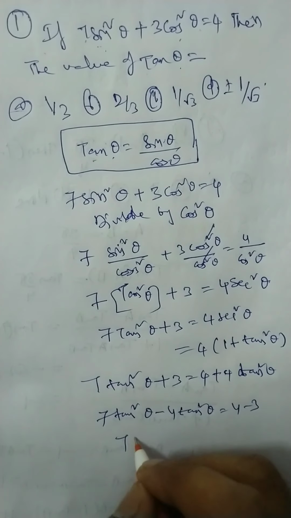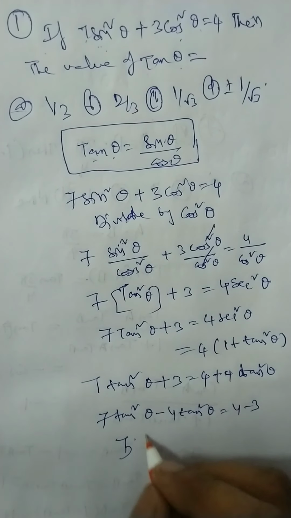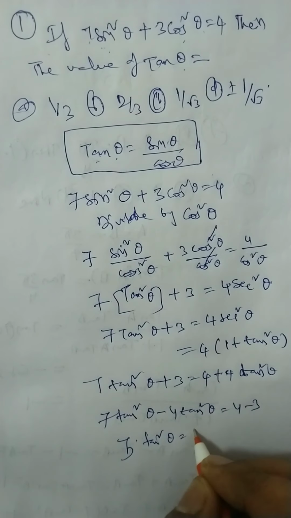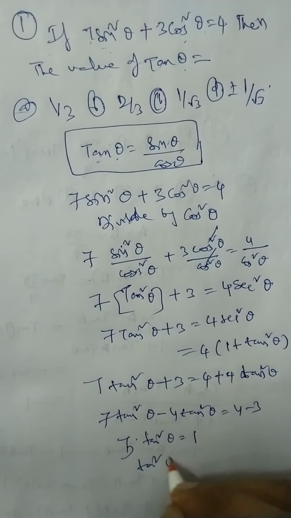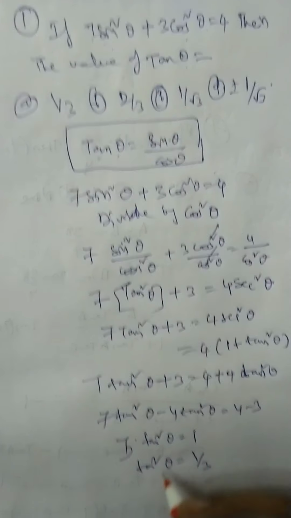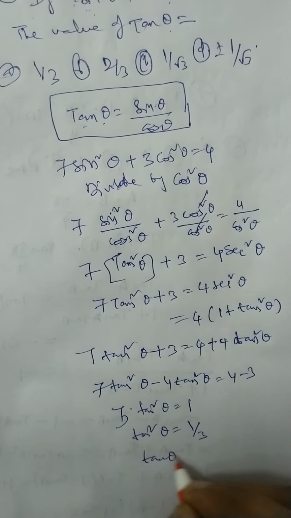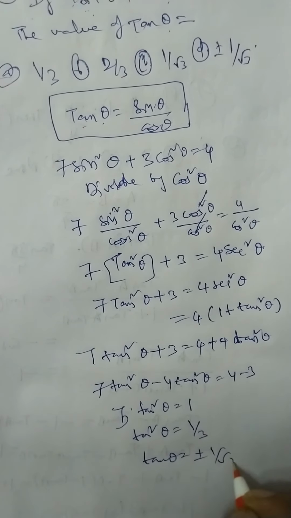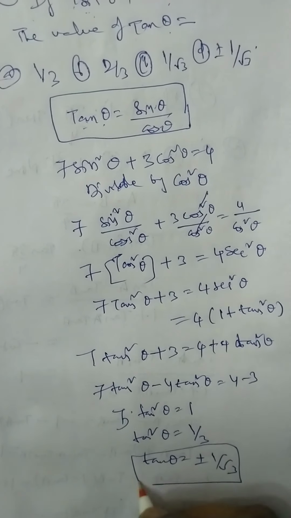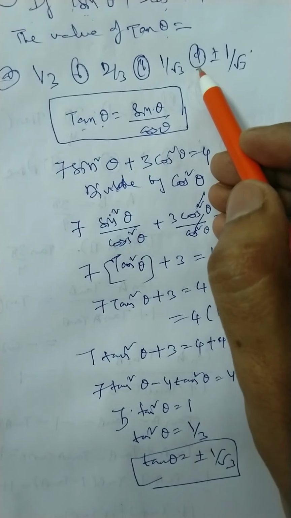So 7 minus 4 is 3, tan square theta equals 4 minus 3, which is 1. So tan square theta equals 1 by 3. Taking the square root on both sides, tan theta equals plus or minus 1 by root 3. So the correct option in this problem is D.